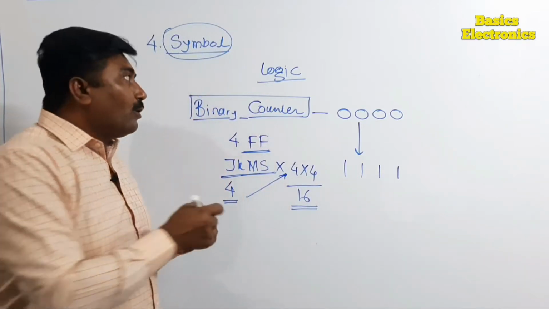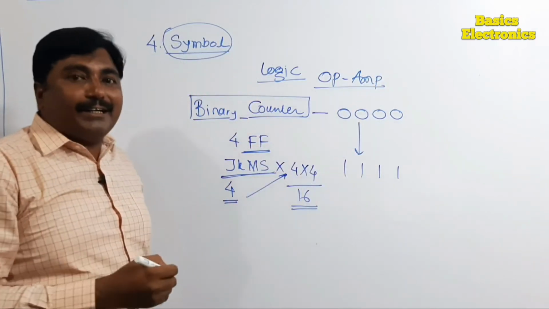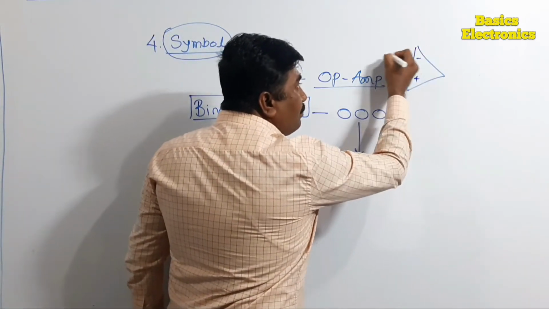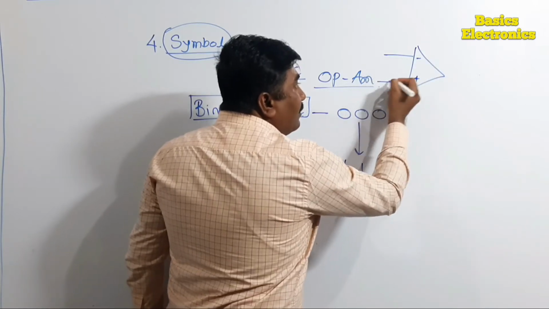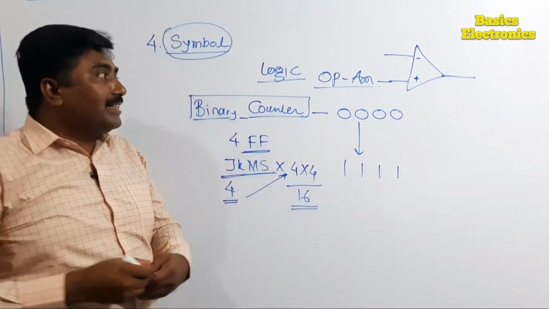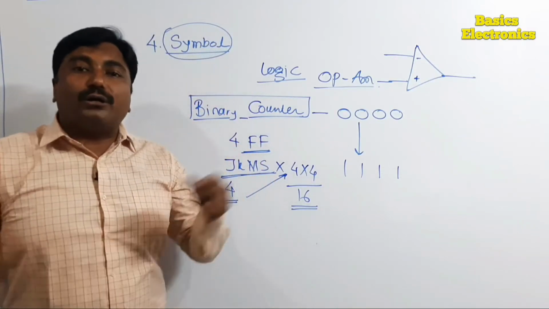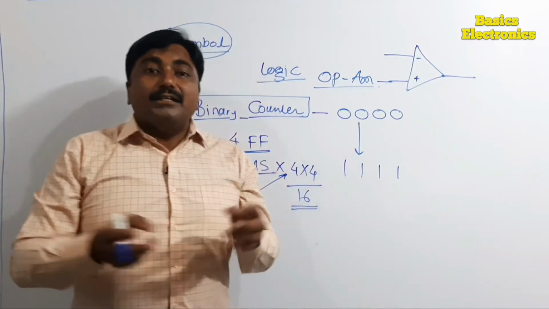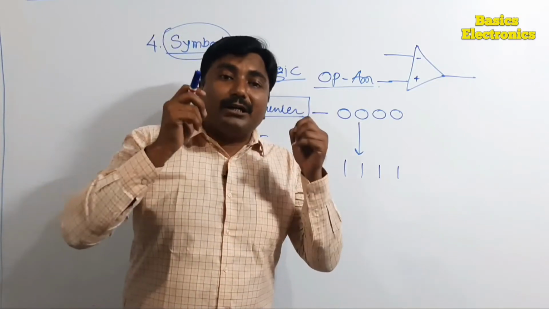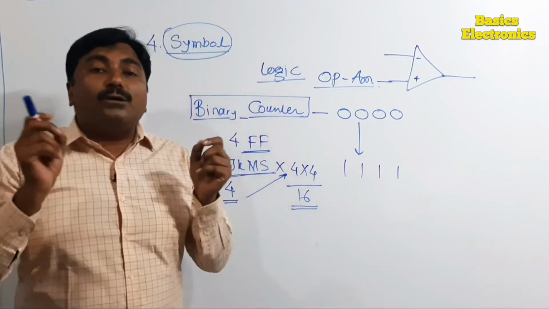Like we use the symbol for the operational amplifier in linear electronics, with one negative terminal, one positive terminal, 2 inputs and one output. Likewise here different symbols are used for the different types of logic gate. The symbol is a graphical representation used to represent a particular logic gate.